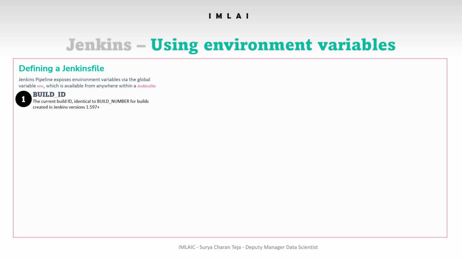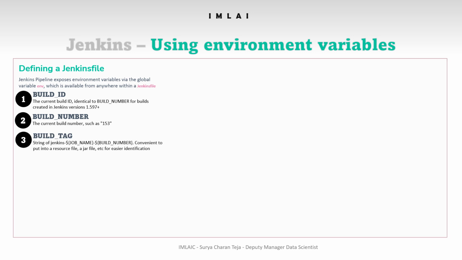The first one is BUILD_ID. We have discussed this in our previous sessions. A build ID gives the current build ID. It could be 1, 2, 3, these kinds of numbers. And BUILD_NUMBER, the current build number such as 153.